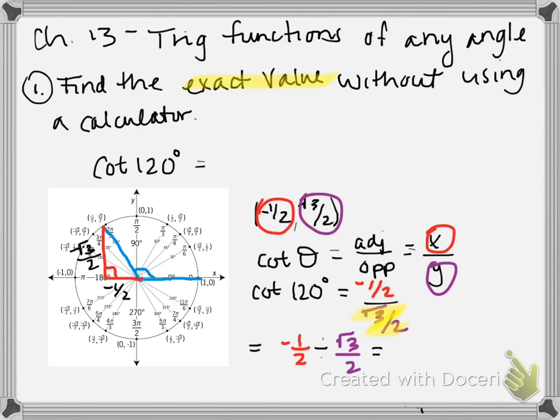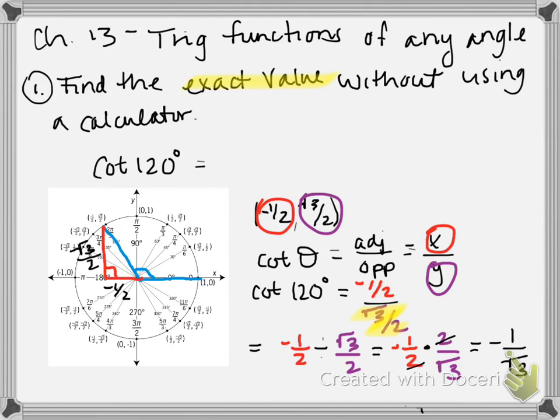That's going to give me negative 1/2 times 2 over root 3. The 2's will cancel, and I'm going to be left with negative 1 over root 3.